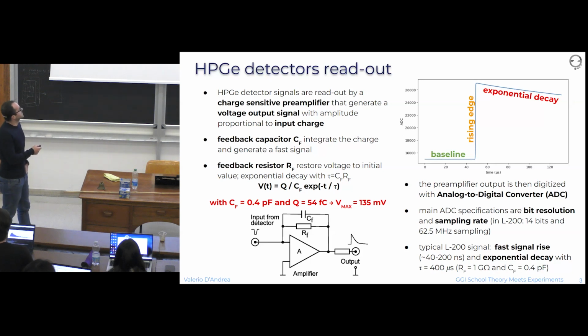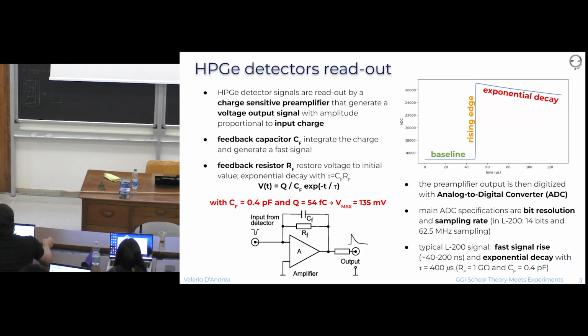Then we have the exponential decay, which is slower, as you can see from this plot, of the order of a few hundred microseconds.